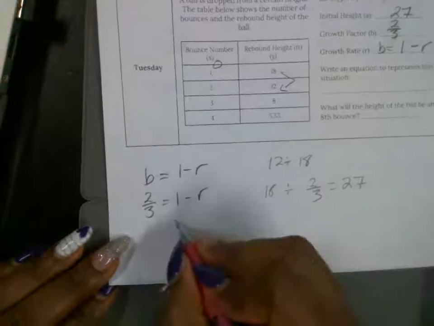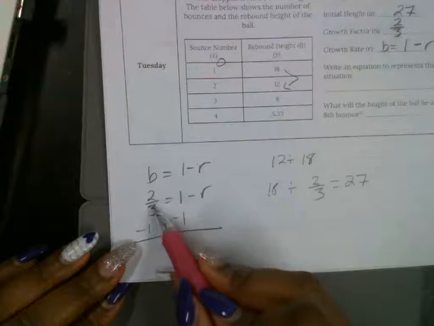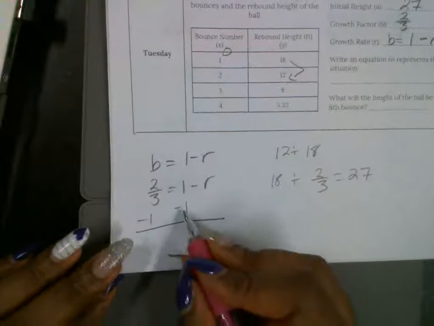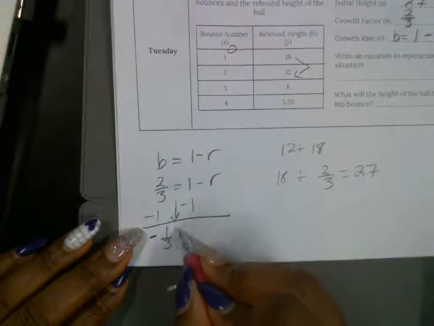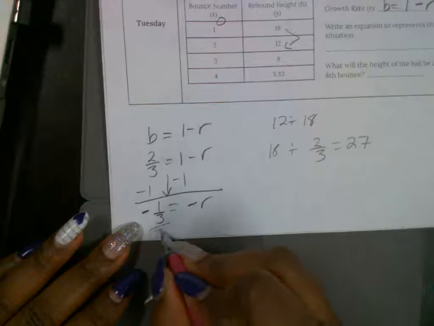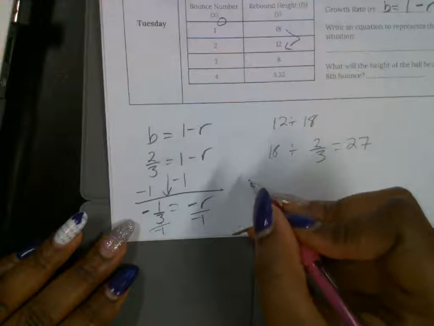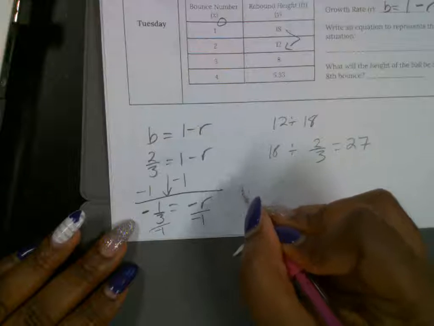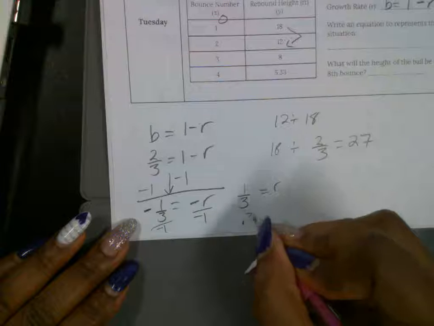So to get R by itself, you're going to subtract 1 on both sides. So what is 2/3 minus the 1? It's negative what? Negative 1/3. Okay. Divide both sides or multiply both sides by negative 1. And that's going to give you a positive 1/3. What decimal is 1/3? 0.3 repeating.